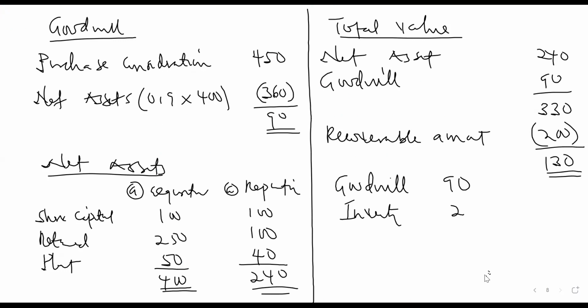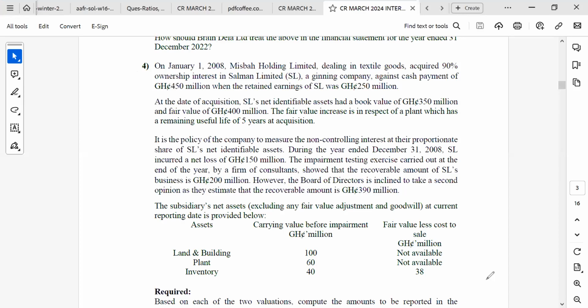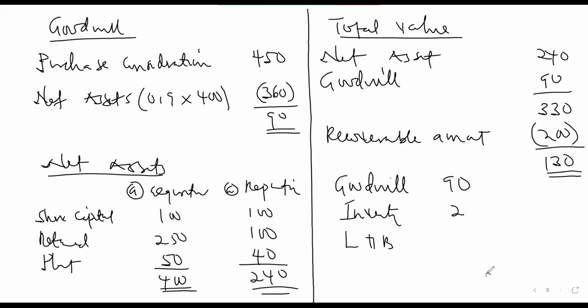So that will be land and building, and the equipment. Land and building will be having 100 over 160 times 38. And the equipment will be having 60 over 160 times 38.